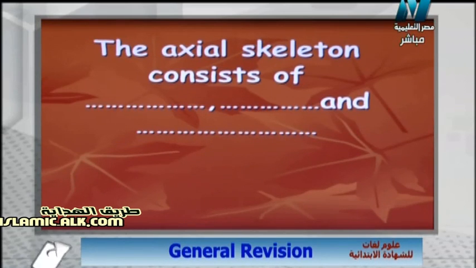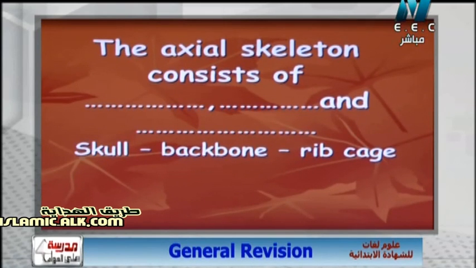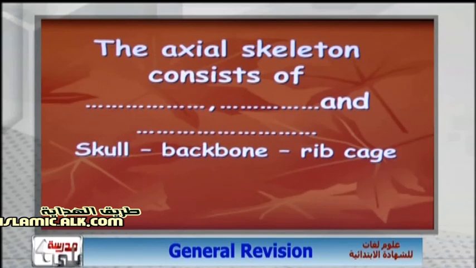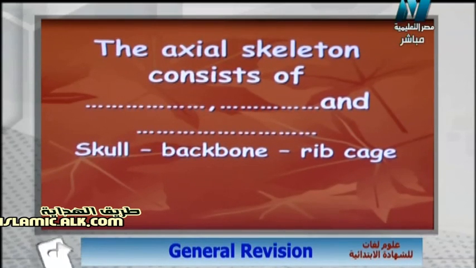Surely, as I said before, skull, backbone or vertebral column, same meaning, and at last the rib cage. So again, the axial skeleton consists of three main parts which are skull, backbone, and at last the rib cage.